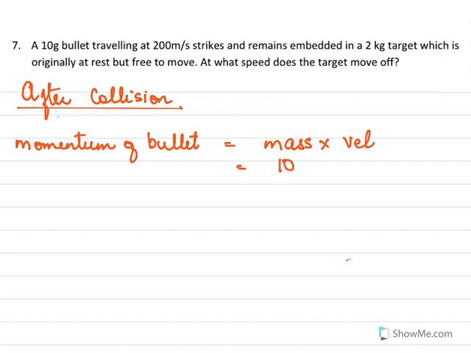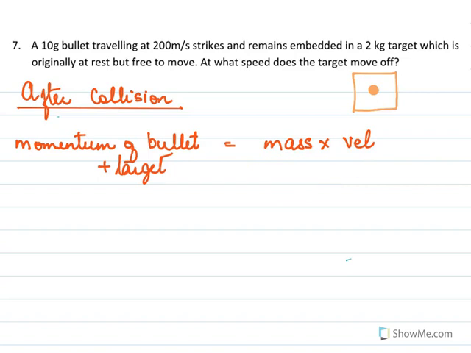The mass of the bullet we saw was 10 grams over 1000 kgs. Now the velocity after collision, we know this was a target, and then the bullet was embedded in the target. So here we have to calculate the momentum of bullet plus target together. So this is what we did was not right, it was mass into velocity.